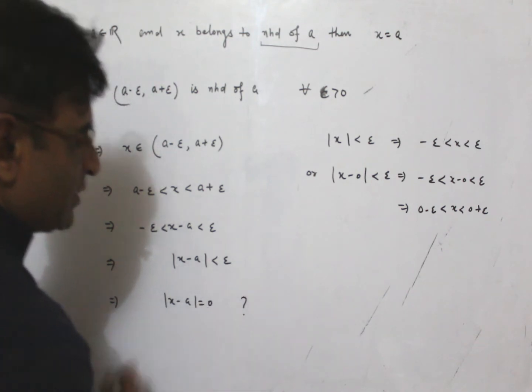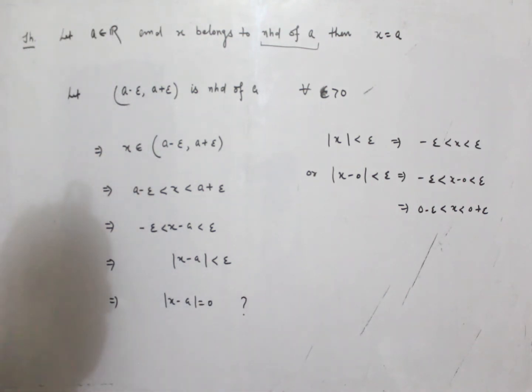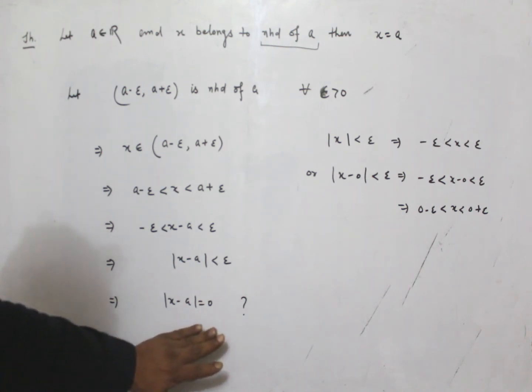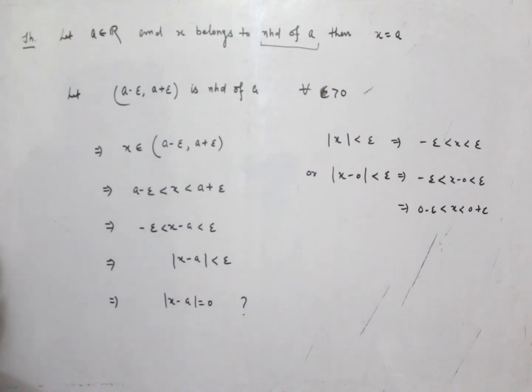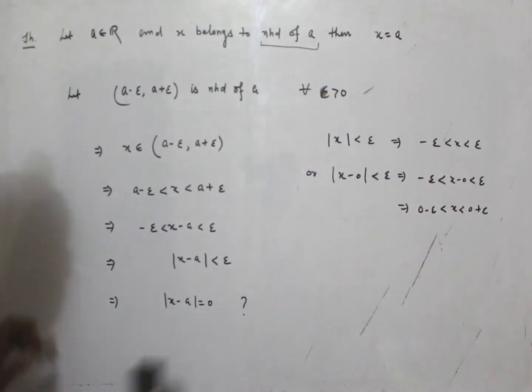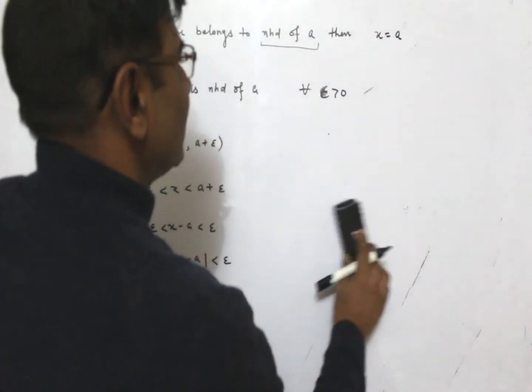Now why does this happen? I proved one result, but again I prove this result for you. What is this result? This is an important thing.